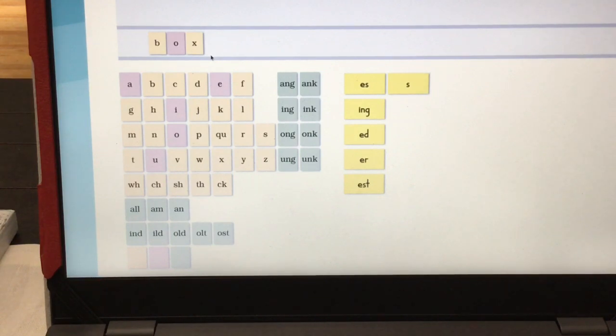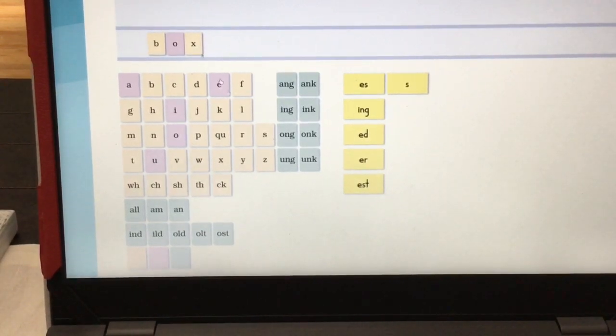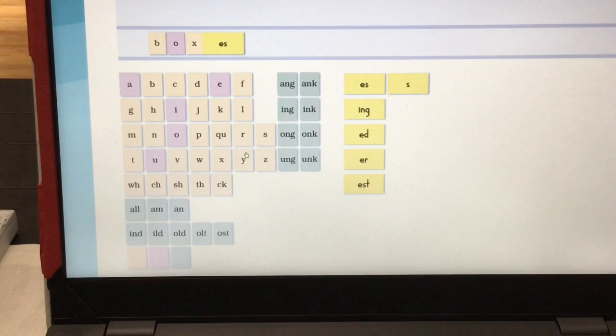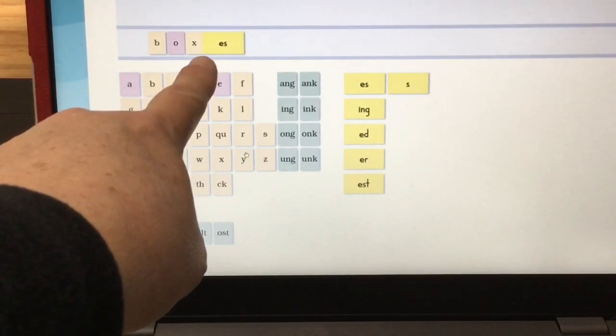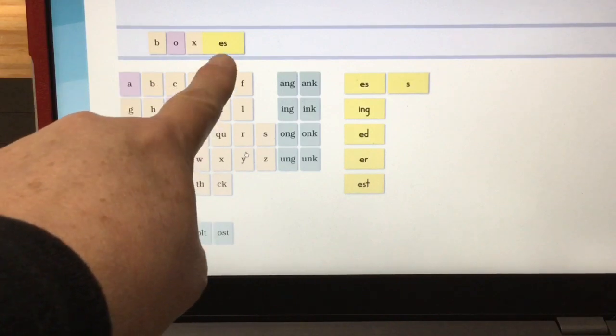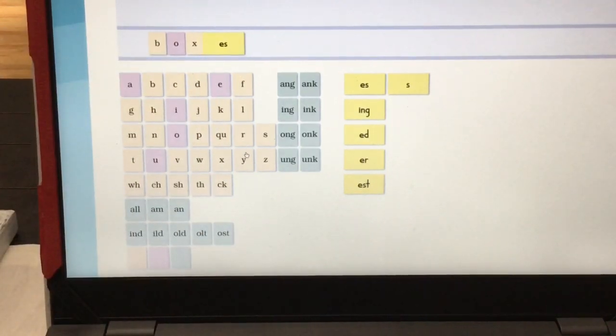Now, to make box, this base word, plural, I don't use S, I use this one here. ES. What's our base word? Box. What's our suffix? ES. Ooh, nice. There's a rule for that, of course.